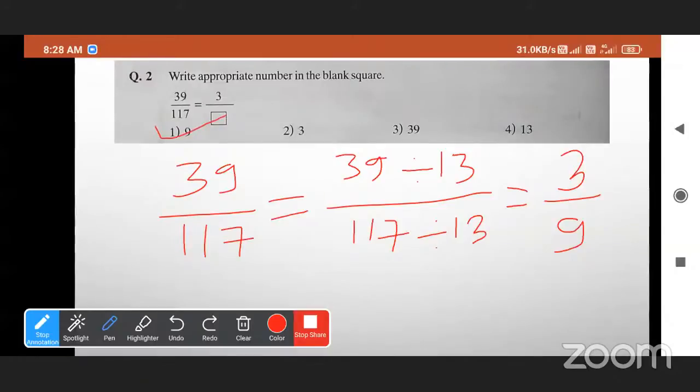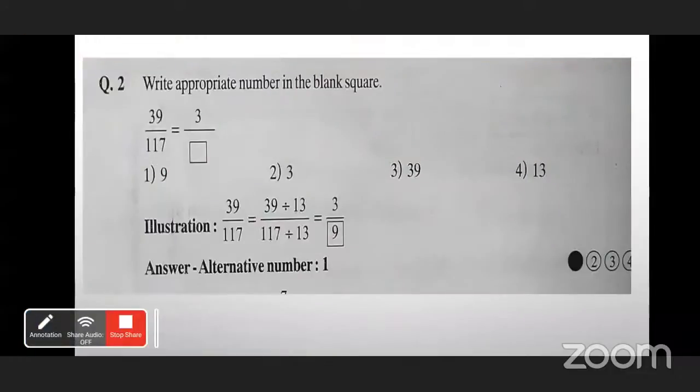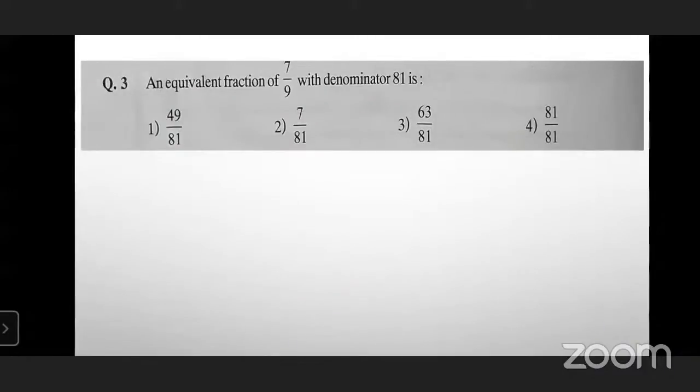Good. So you must learn the tables. Yes, I learned. Good. See here the explanation. 39 upon 117. We will divide both numerator and denominator by 13. So we will get 3 upon 9. So the first one is correct. Now read the third one. An equivalent fraction of 7 upon 9 with denominator 81.